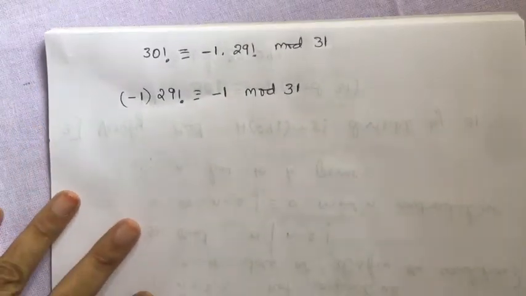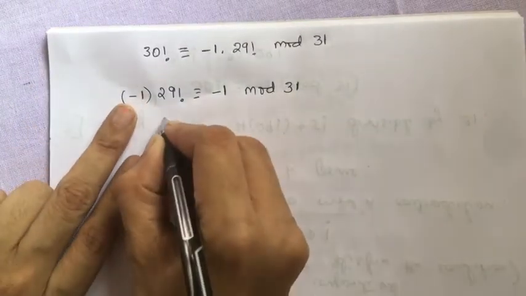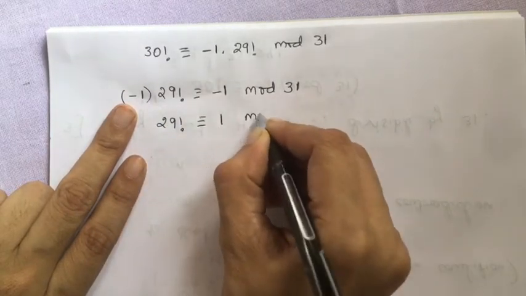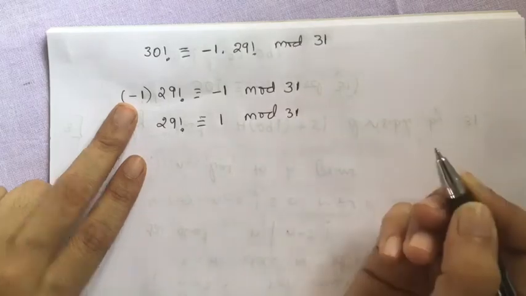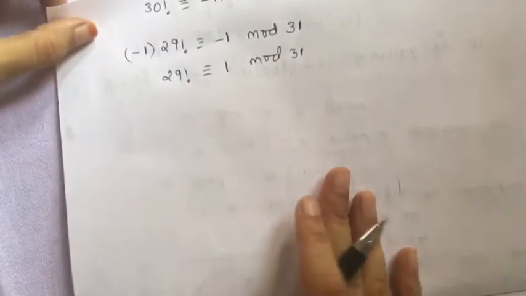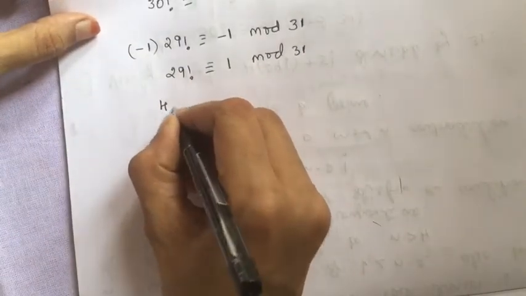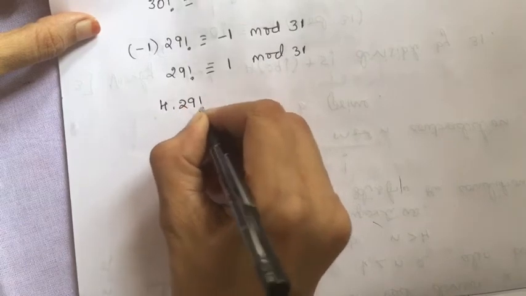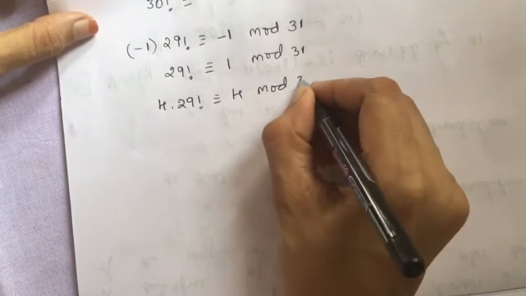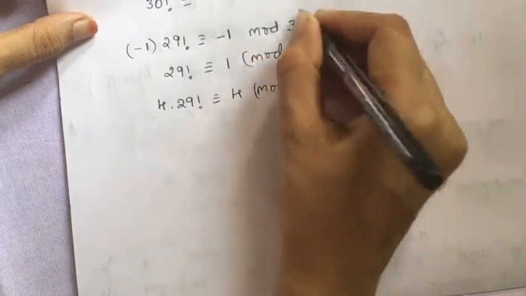Now I'll just cancel minus 1, so that I'm getting 29 factorial is congruent to 1 mod 31. It is 4 into 29 factorial, right? So 4 into 29 factorial is nothing but 4 into 1, that is 4 mod 31.